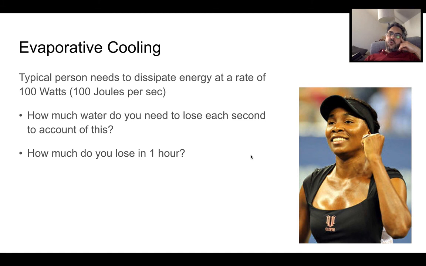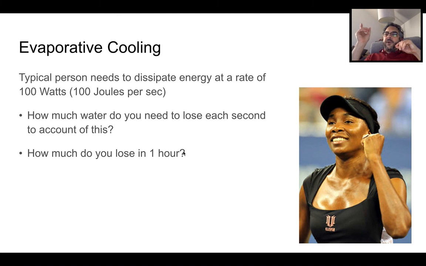The last cooling mechanism that I wanted to talk about is evaporative cooling. We're not going to do any calculations with this, but evaporative cooling is when, for example, a person sweats and the sweat evaporates, and because it's evaporating, again, latent heat of vaporization, each of those molecules is taking away some energy, right?